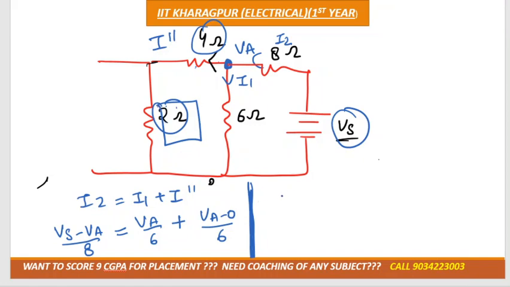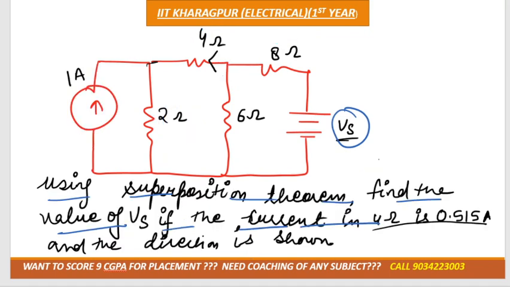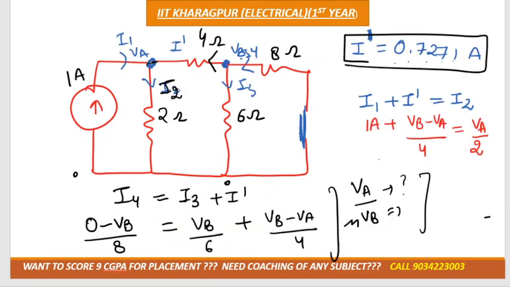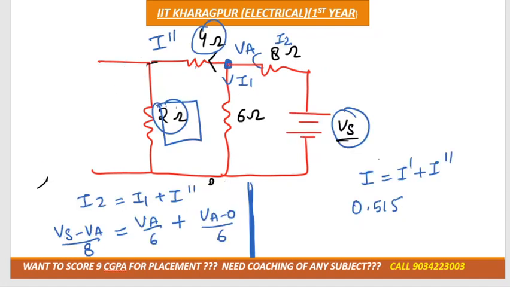Okay, now the next thing is, now we know the value of I equal to I dash plus I double dash, correct? So we know I, they have mentioned in the question, that is how much they have given in the question, 0.515 ampere. Okay, now I dash we already calculated, that is how much, 0.727, right?